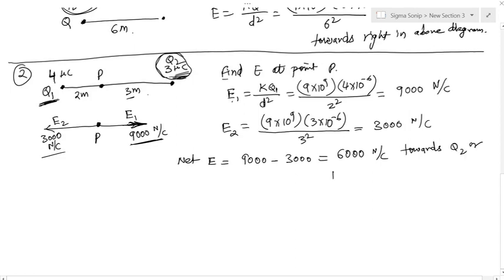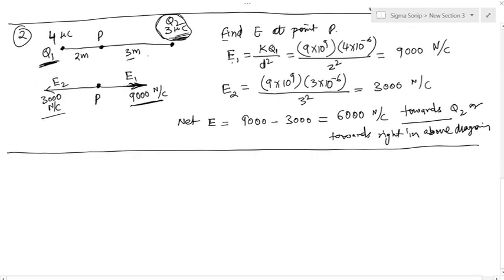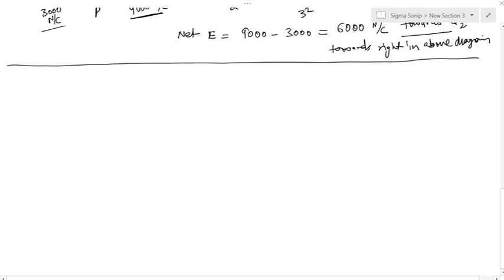You can say simply towards Q2, or right in the above diagram.